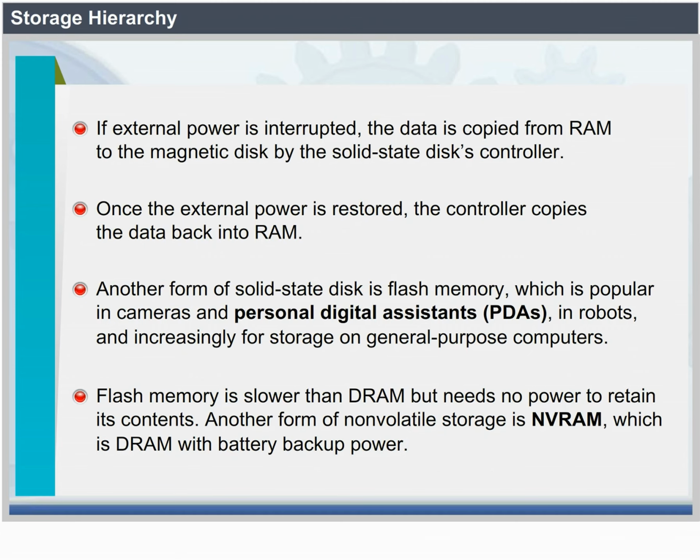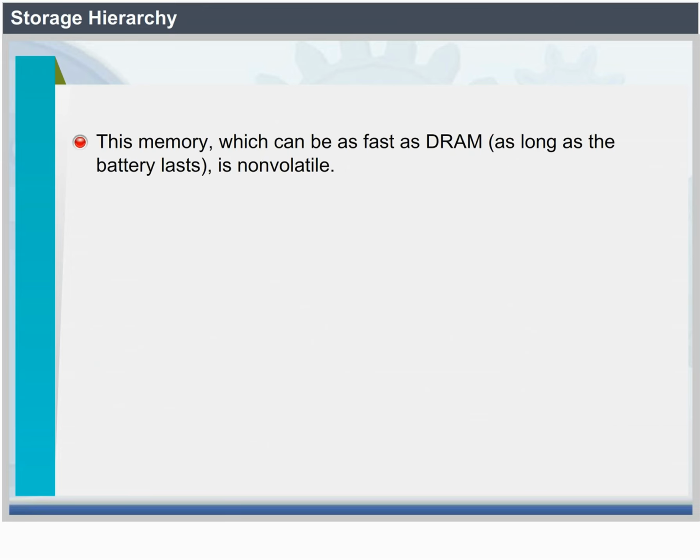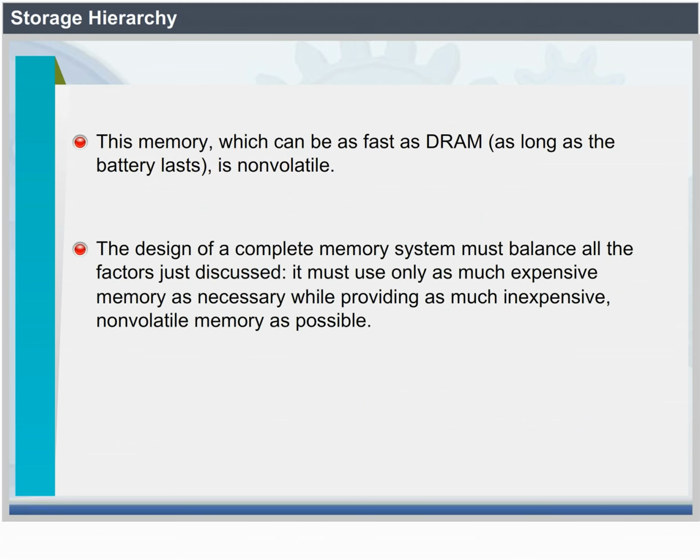This memory can be as fast as DRAM and, as long as the battery lasts, is non-volatile. The design of a complete memory system must balance all the factors just discussed. It must use only as much expensive memory as necessary while providing as much inexpensive, non-volatile memory as possible.